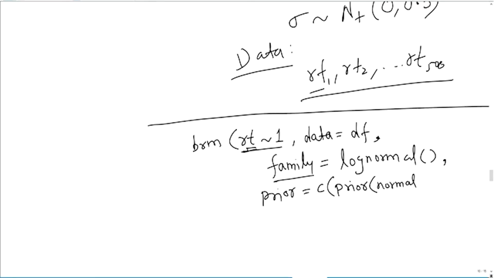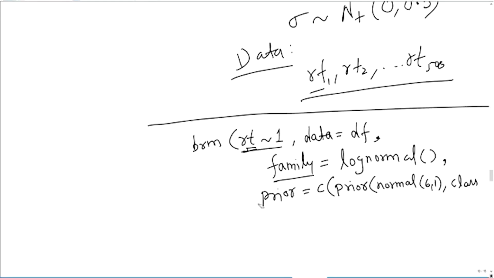This is an already well defined distribution in the BRMS or Stan package, so you have to write it in the same format. You do not need to write it inside quotes, you can write it directly like this. So normal 6 1, and then you need to define the class here.